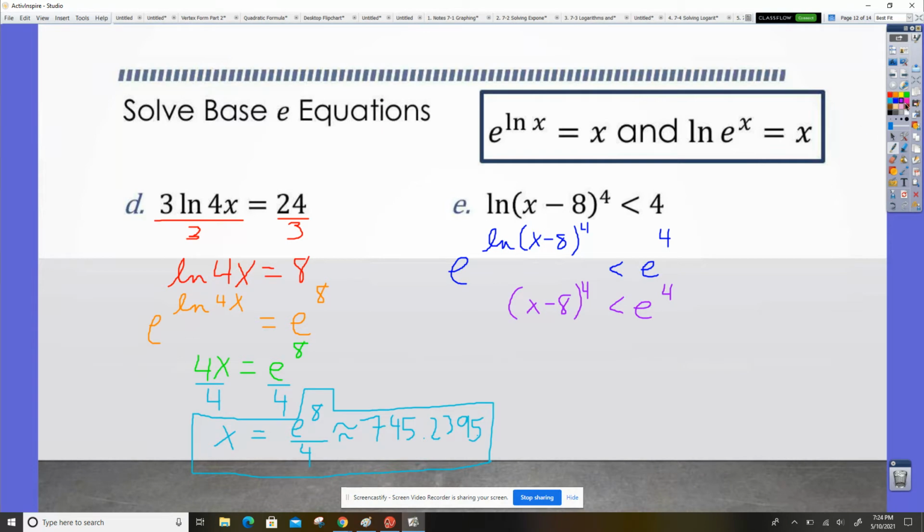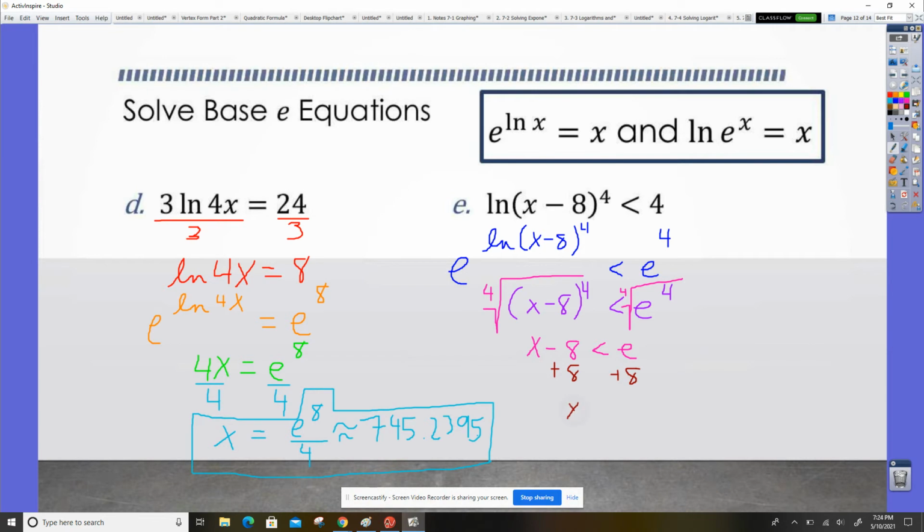Okay, well, to get rid of a fourth power, I just take the fourth root. So I'm going to take the fourth root of both sides. The fourth root of (x minus 8) to the fourth just leaves me with x minus 8, and the fourth root of e to the fourth is just e. Now, my last step is to get x by itself, so I'm going to add 8 to both sides.